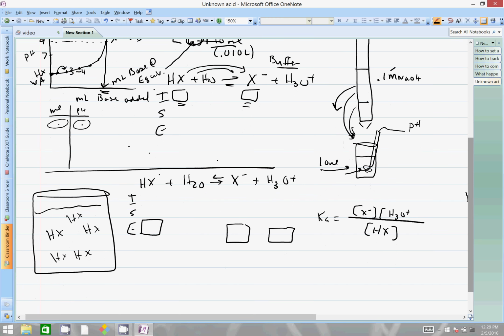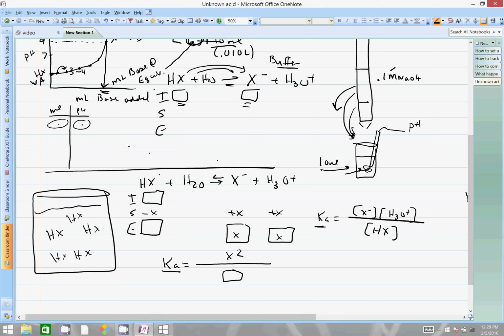Hopefully, you note that very often, if you have the Ka, we might use the Ka along with an initial concentration minus X, plus X, plus X. This would look like the Ka equals my initial concentration, I'm just going to use a box here, minus X, and then X times X gives X squared.